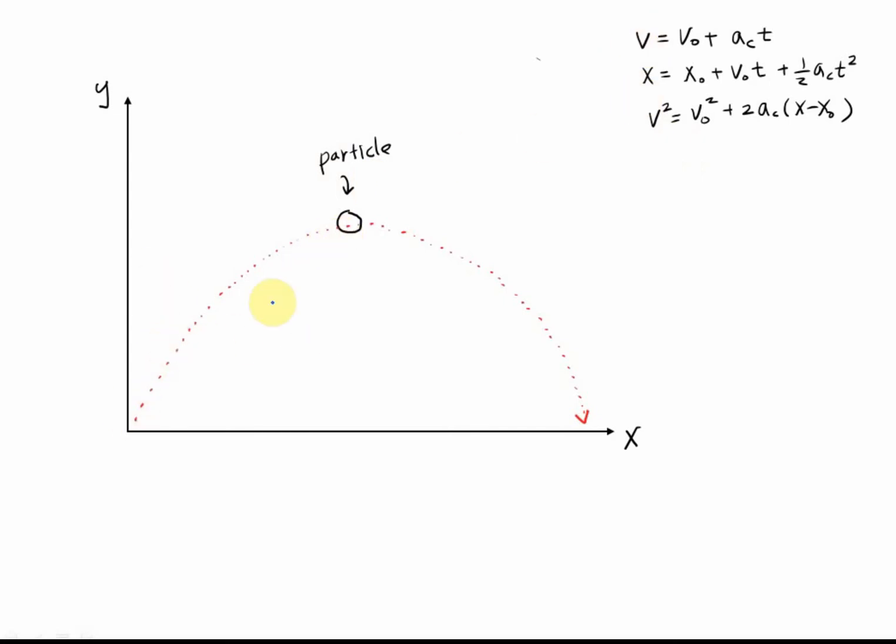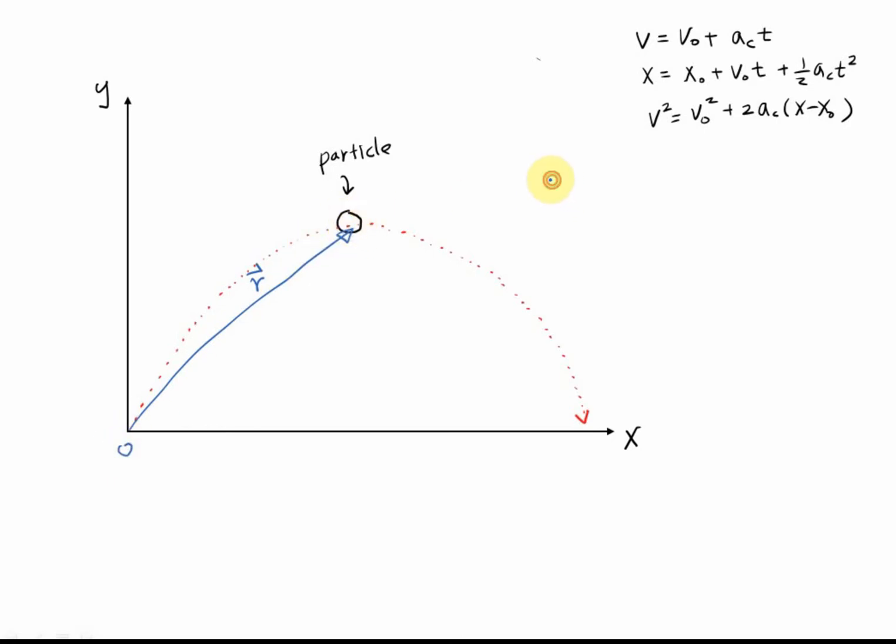In a curvilinear motion, because this is a curved motion, I want to represent position using this vector. So this is my r. The r represents from the origin here to the particle at a given time.